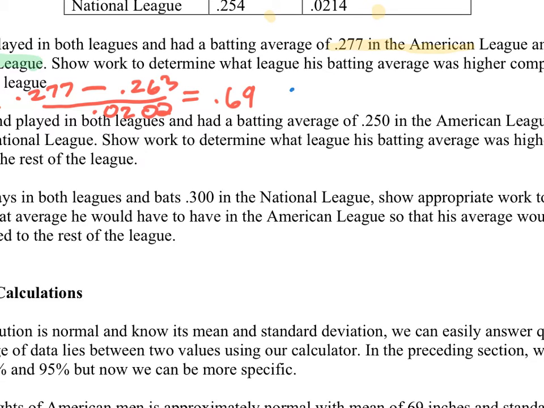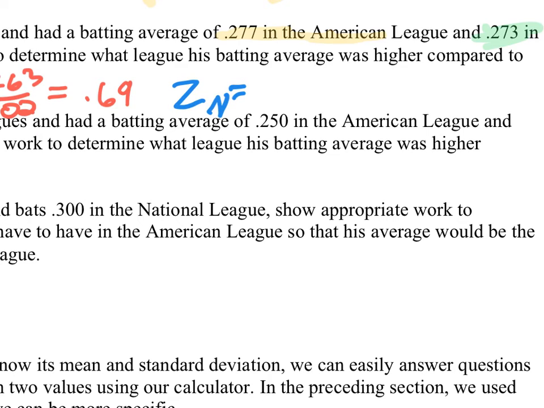Let's do his normalization in the National League. His score in the National was 0.273, was it? And the average of the National was 0.254. Standard deviation of National? 0.0214.